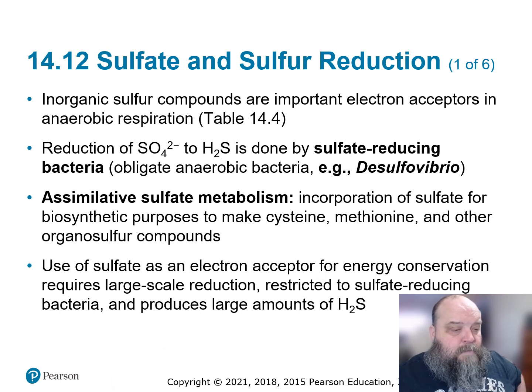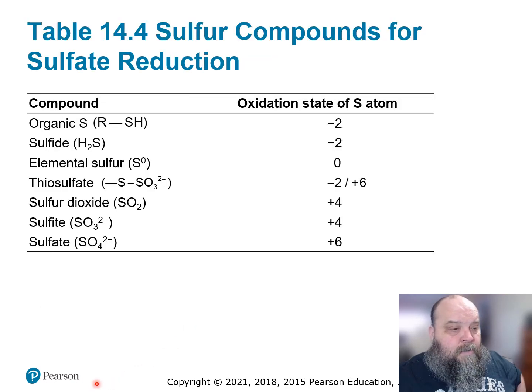And we're going to be looking at pathways that utilize this. Now, when you look again at organic sulfur, this thiol, the sulfur group is a functional group. Sulfide, thiosulfate, sulfate, sulfite, sulfur dioxide.